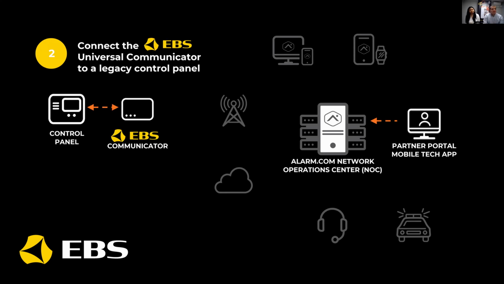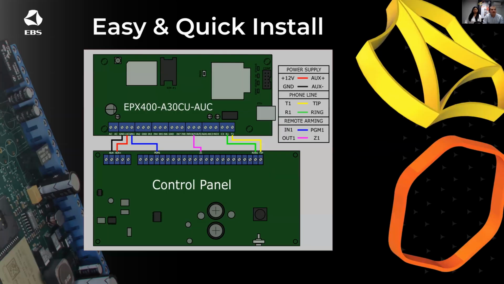Next, the connection needs to be done in place. So the next step is connecting the EBS communicator to the legacy control panel. And by that, I mean connecting 3 pairs of wires to the control panel.